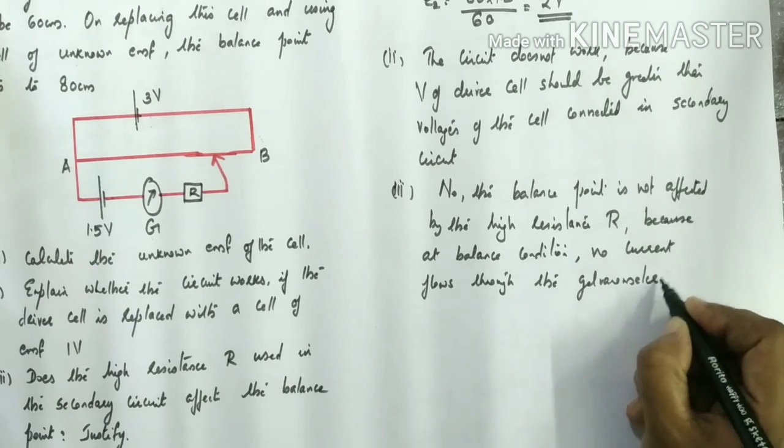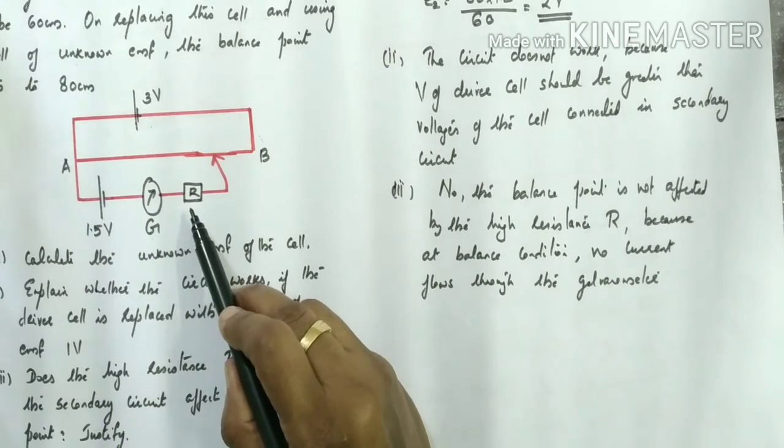No current flows through the galvanometer means no current flows through the resistance.